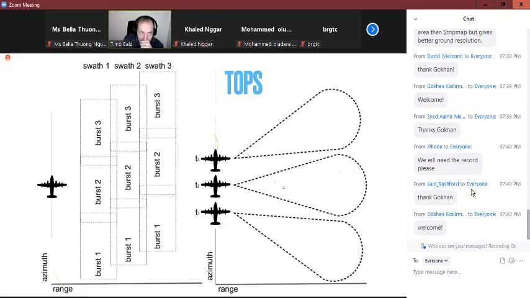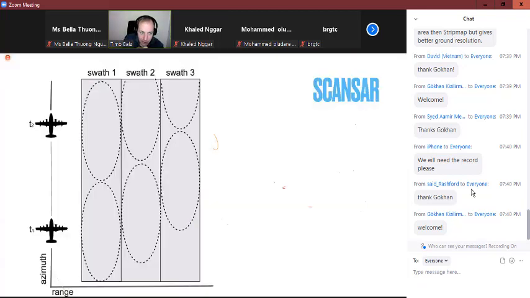Now the problem of the ScanSAR mode is that, in Spotlight, we are gradually shifting our antenna. In ScanSAR, we are looking at one swath, we call it one angle, and then we stop looking at that, we switch the antenna, we look at another angle.